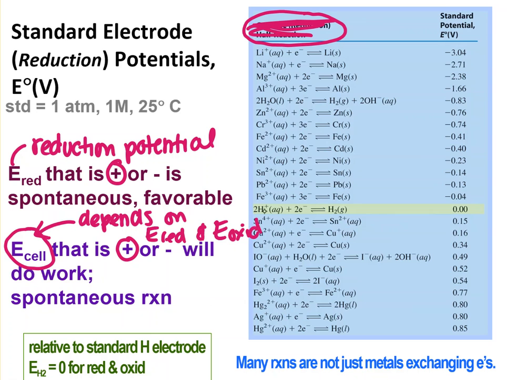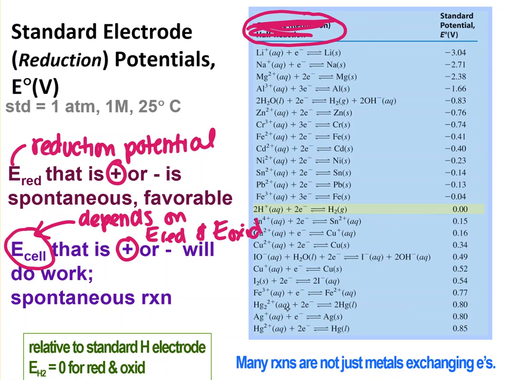These values are relative to this standard hydrogen electrode. It was just chosen kind of as the 0, and everything is compared against that. When we do these, we're more interested in the difference of the numbers, so it doesn't matter where that 0 was defined.